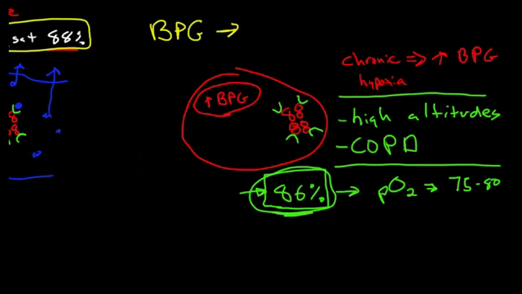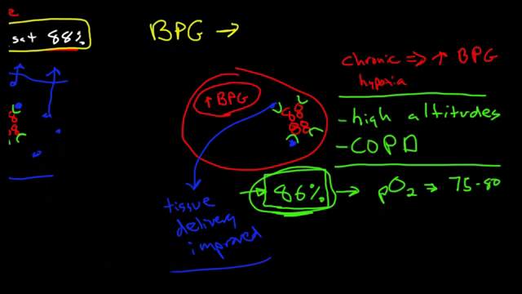So again, this oxygen very easily unbinds because of the loose binding and is delivered to the tissues. Okay. So BPG is the main reason why you see this observation where people with COPD can do just fine with an oxygen level of like 86%.